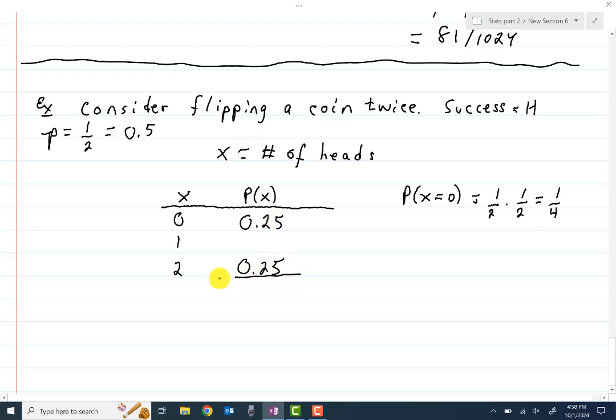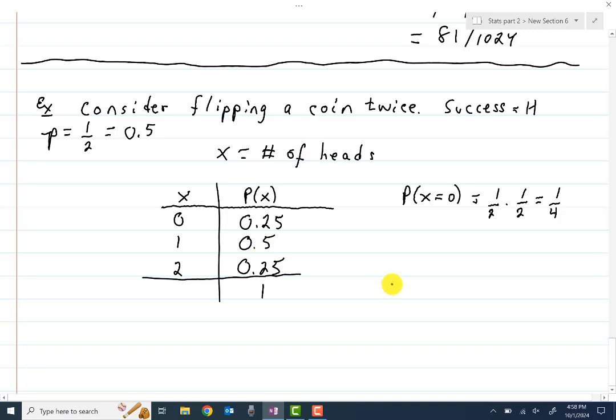Now here's where you can come in and sort of help yourself. You could certainly write the sample space as you want. However, note that this thing adds up to 1. And right now I've used a 0.25 here and I've used 0.25 here. That's a total of 0.5 that I've used up. That must mean that 1 heads is 0.5.